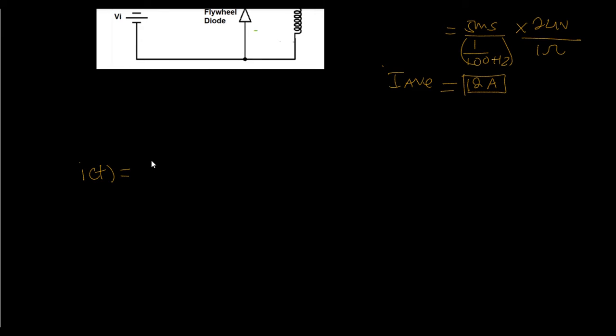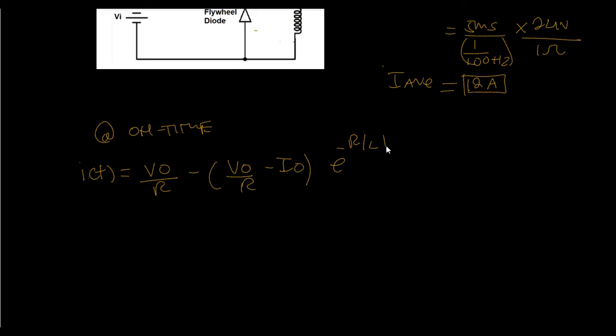So, I of t during on time equals V out over R minus, V out over R minus initial current, times e to the negative R over L t.